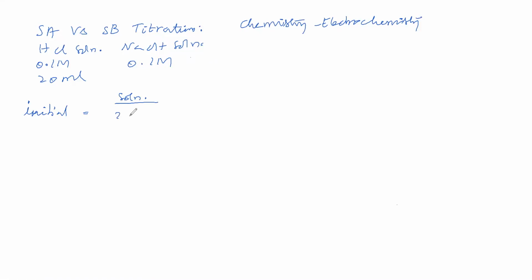That means 2 millimoles of H plus ions and 2 millimoles of Cl minus ions. Now H plus ions are showing conductivity, and Cl minus ions are also showing conductivity. The sum of these two conductivities is called the molar conductivity.